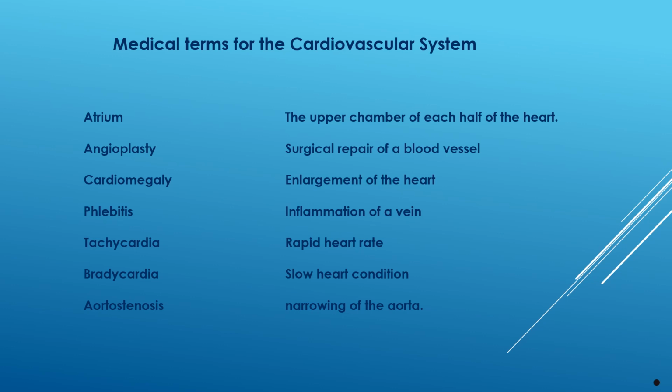So the first one is the term atrium. Atrium is one of those words I mentioned in one of my previous videos where the word is spelled the same, pronounced the same, but has completely different definitions. You have the atrium of the ear as well as the atrium of the heart, which is what we're discussing in the cardiovascular system.